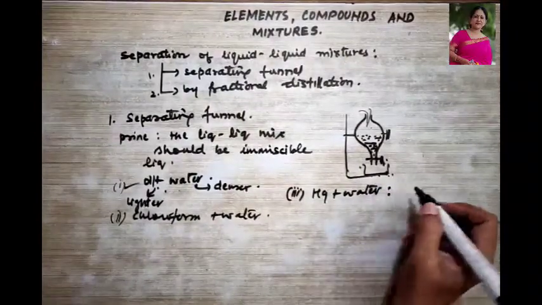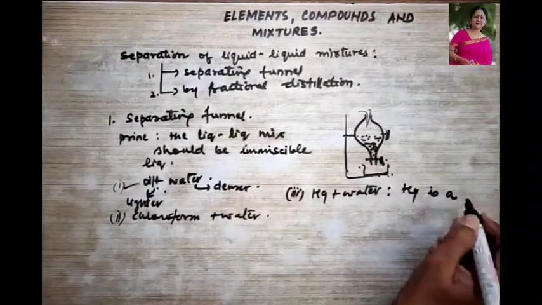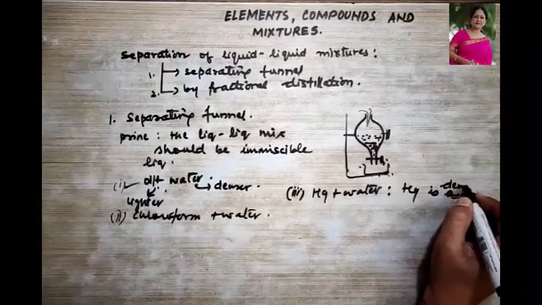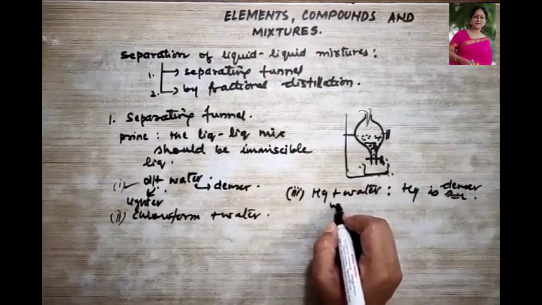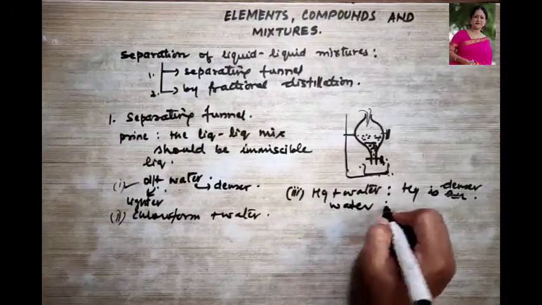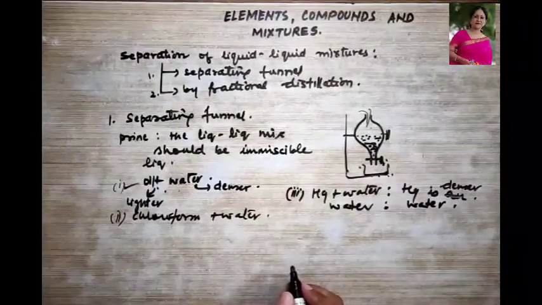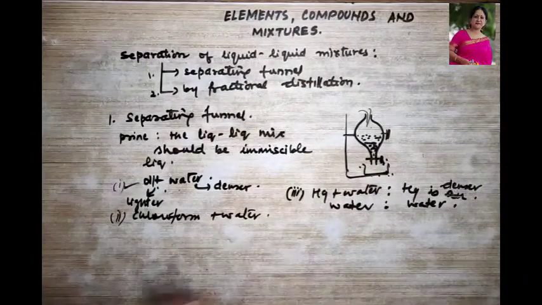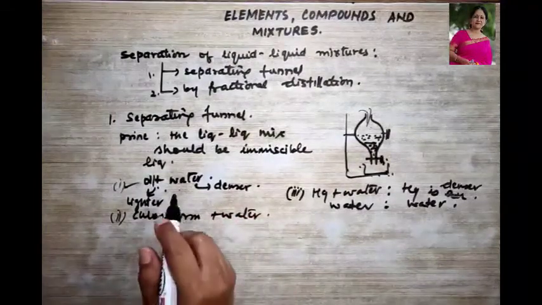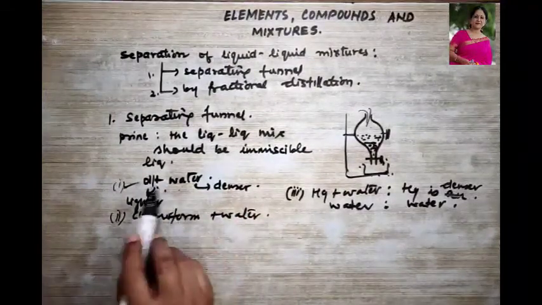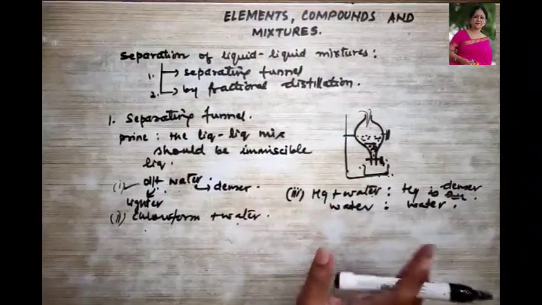So mercury is a liquid metal, whereas water is water. Fine. So what did we study in all these examples? That all these are immiscible: oil with water, chloroform with water, mercury with water. These are all immiscible liquids.